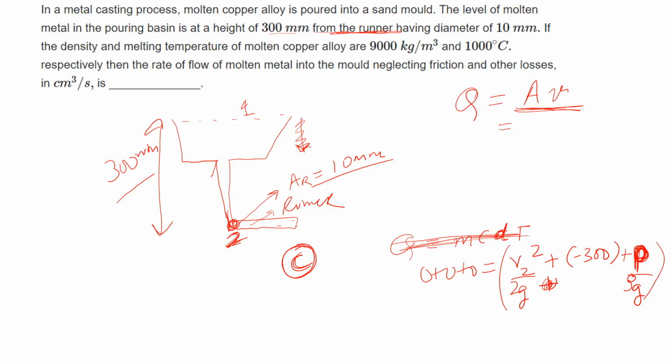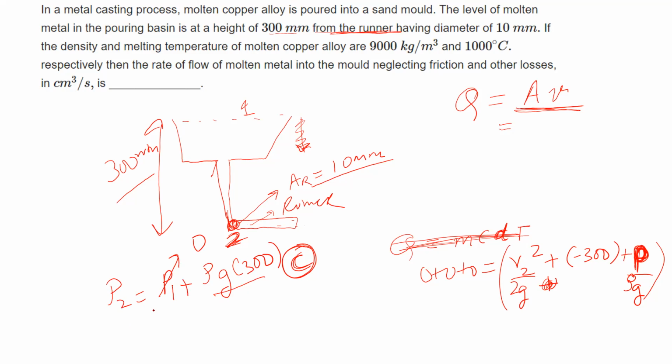But as we know, the pressure at point 2 will be equal to the pressure at 1 plus rho g times the height, which is 300. The pressure at 1 is 0. So we can substitute P2 by rho g as 300, right?